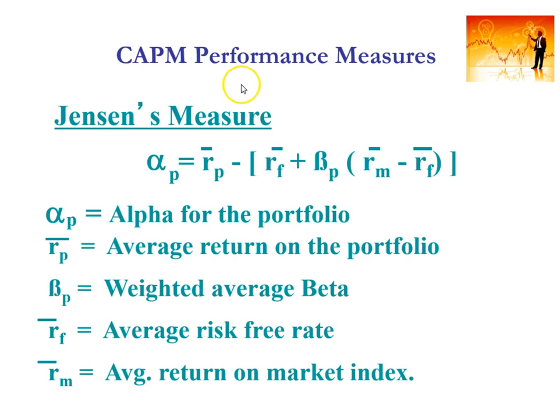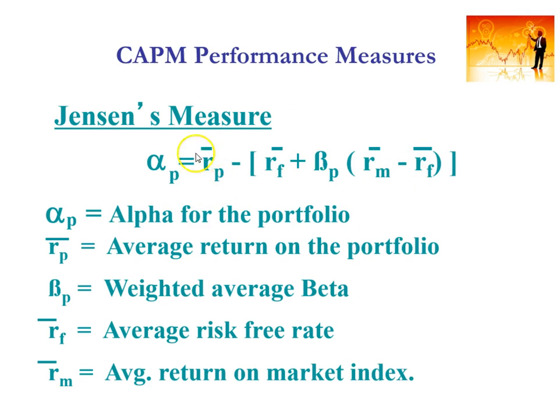Jensen's alpha is an adaptation of the CAPM, whereby it says we can estimate the expected return that a stock should have generated given its beta using the CAPM model. And we can see that here in square brackets, the risk-free rate plus beta times return on the market less the risk-free rate. That is the expected return, okay, the return we expect to generate given the risk-free rate plus the systematic risk and the risk premium.